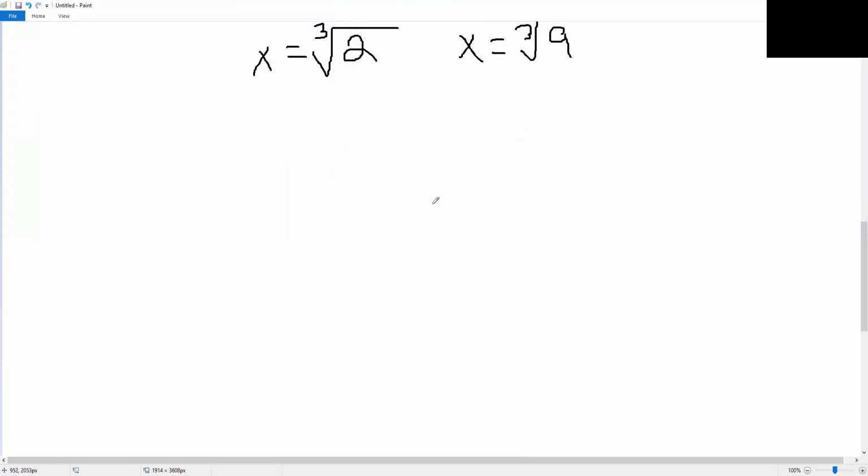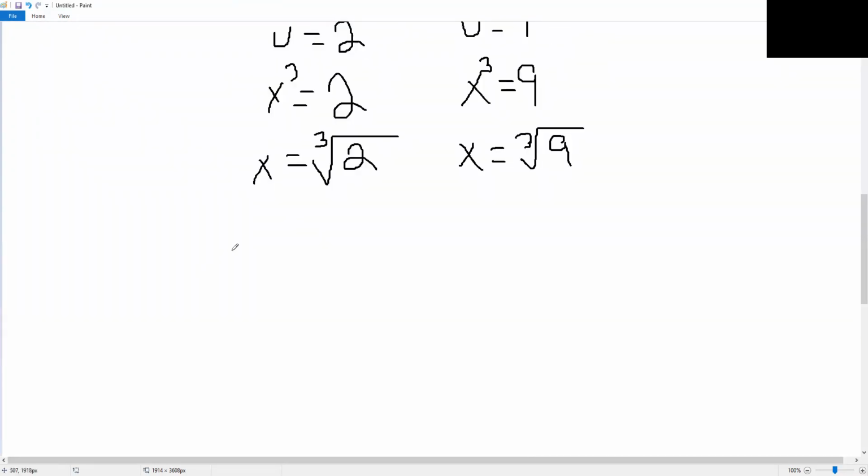And the way we'll do that is we know that x now is the cube root of 2. So we're checking this side, not this side. We can rewrite this as 2 to the 1/3 power to the 6.